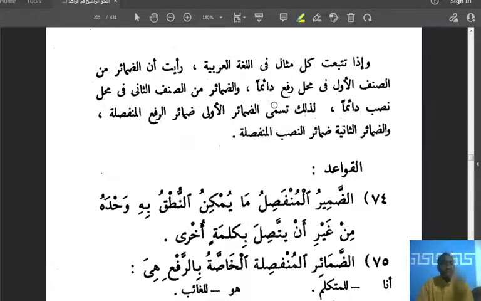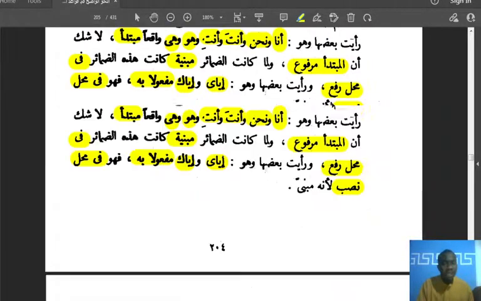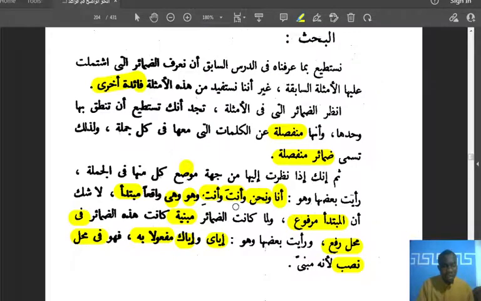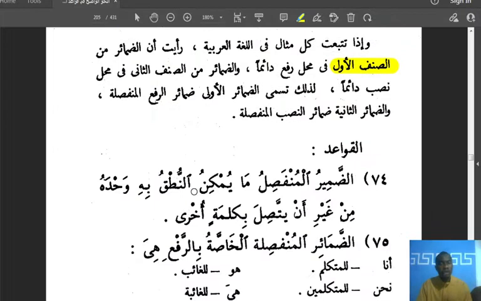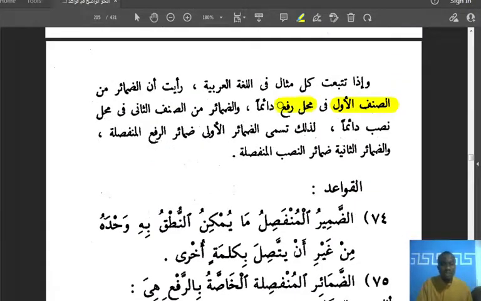If you follow every example in the Arabic language, you realize that the first category of the pronouns, الصنف الأول, meaning group, the first group of pronouns, what does he mean? He means أنا, نحن, أنتَ, أنتِ, هو, هي. These kinds of pronouns are always في محل رفع.